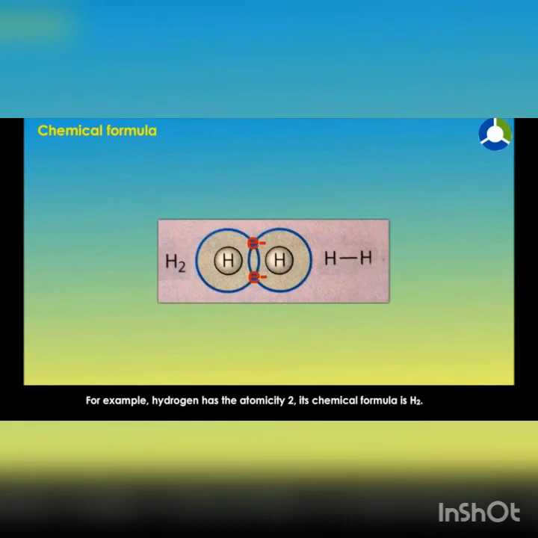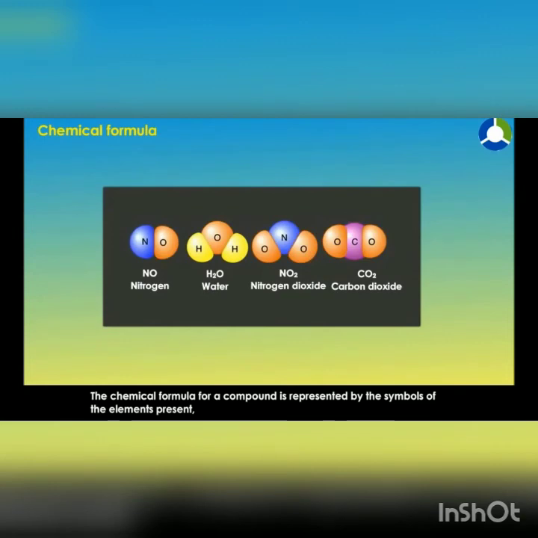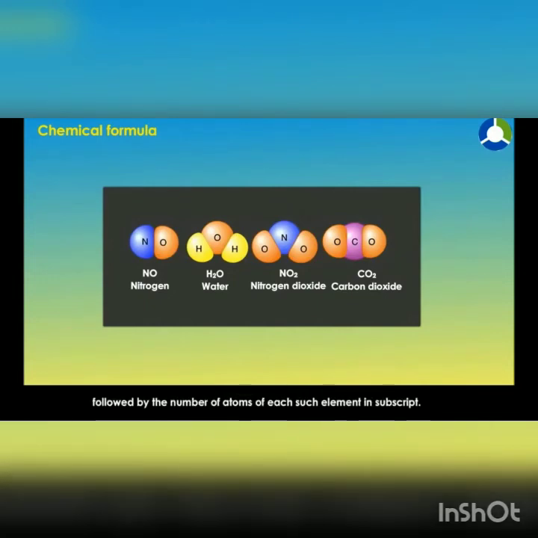For example, hydrogen has the atomicity 2. Its chemical formula is H2. The chemical formula for a compound is represented by the symbols of the elements present, followed by the number of atoms of each such element in subscript.